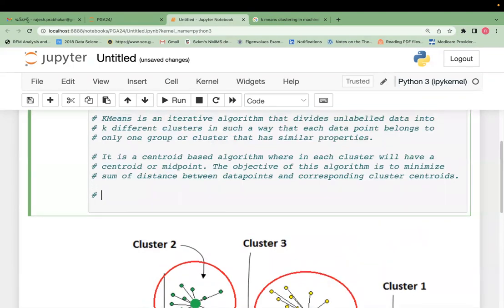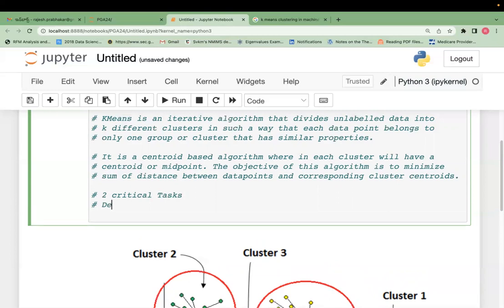Now, there are two critical tasks. One, determine the K value.